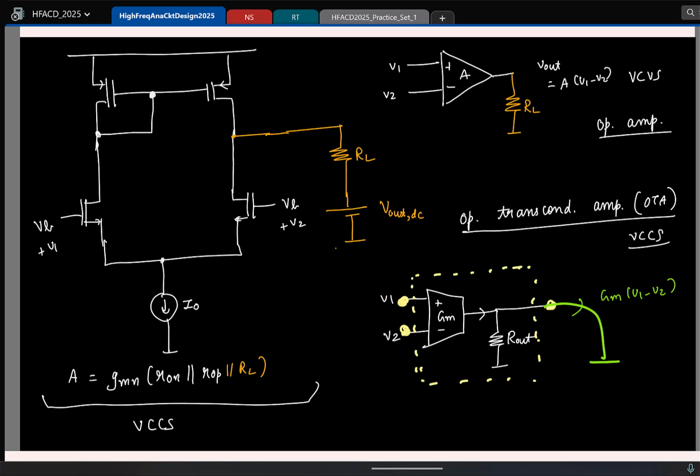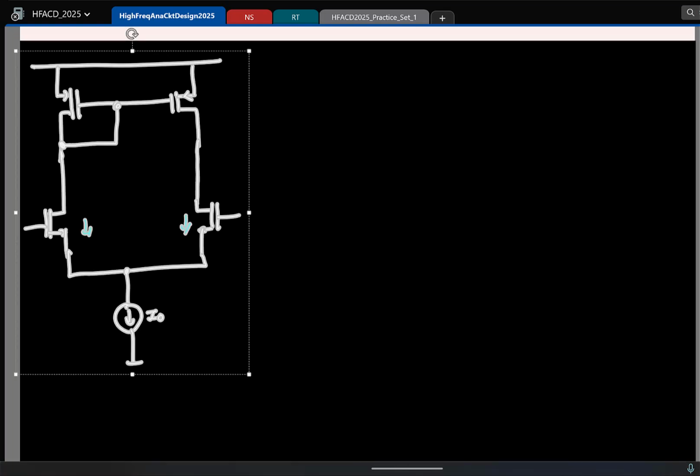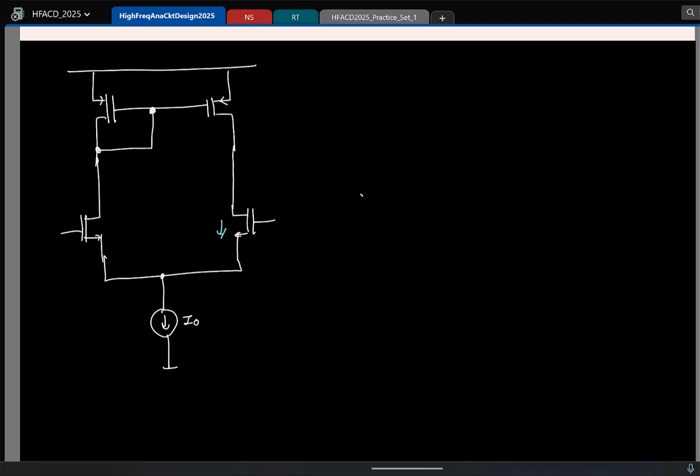Okay, great. Let me now remark this. This is typically called the 5 transistor OTA. We have 4 transistors, and the 5th transistor is this current source.